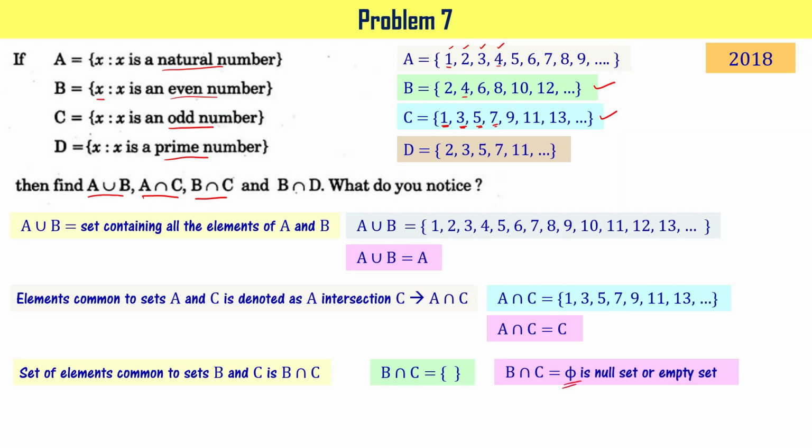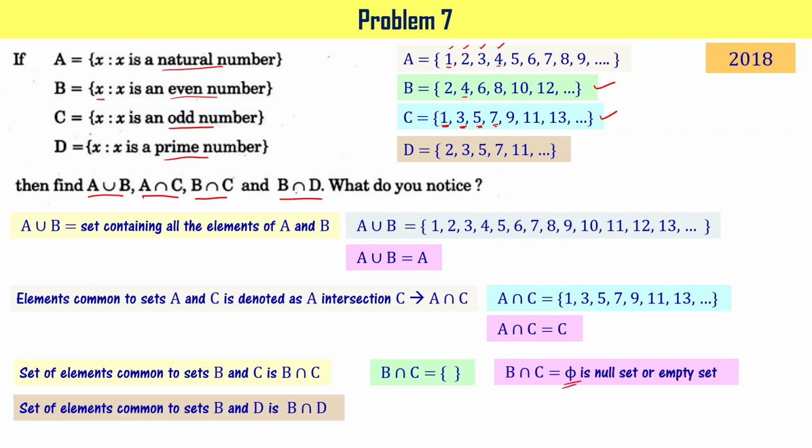Now let's go to the last part of the question, that is B intersection D. Set of elements common to sets B and D is B intersection D. We have to see now set B that contains elements 2, 4, 6, 8, 10, 12, and so on. Those are even numbers. And D, those are prime numbers 2, 3, 5, 7, 11, and so on.